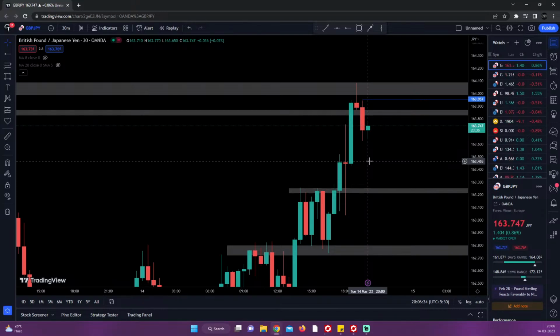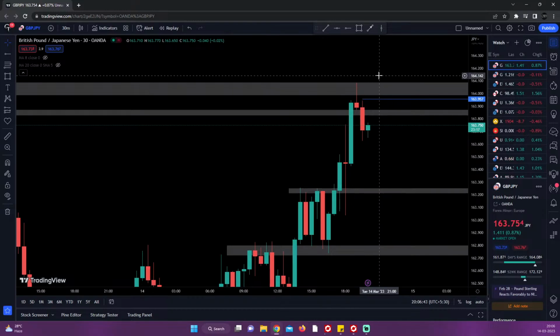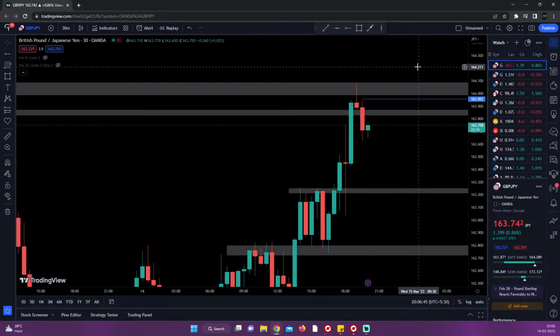Now more than 1 hour has already passed in the NYSE Open, and right now the market was retracing, right? So nothing has happened in the New York session today, which tells us that the market will be moving in that way. So I think if this candle doesn't break the high, then we might see some sort of consolidation or a little bit of downward movement in GBP JPY.